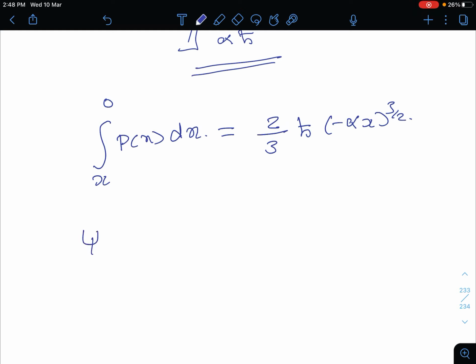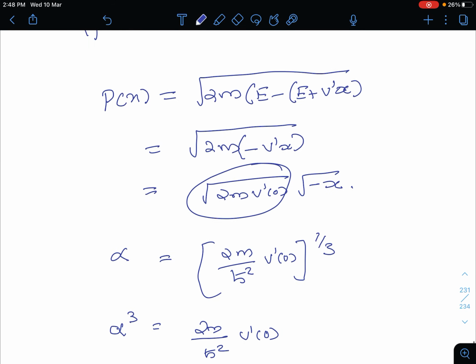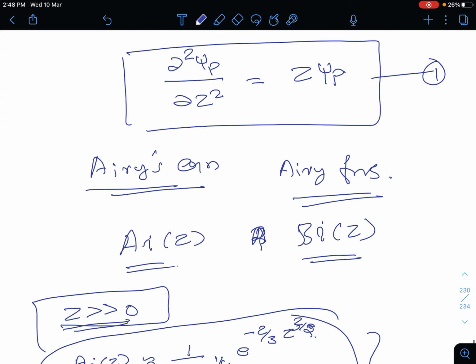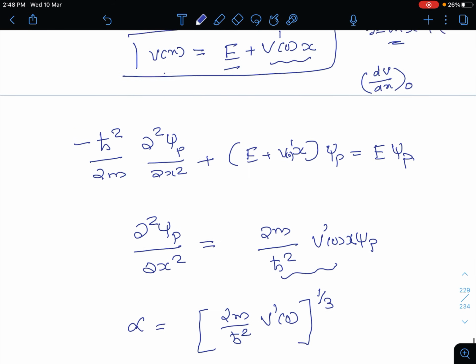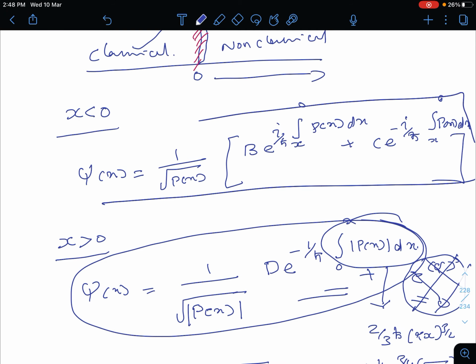Now what was the psi of x, which is oscillatory inside the lower limit? What was that? The equation we have is, see here, what was that? For x less than 0, this is the equation for Mendel.